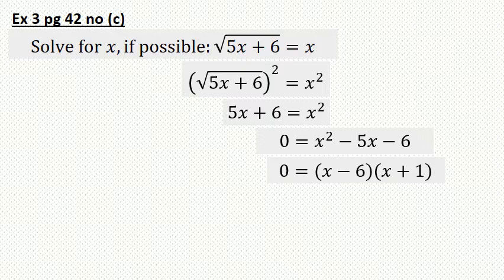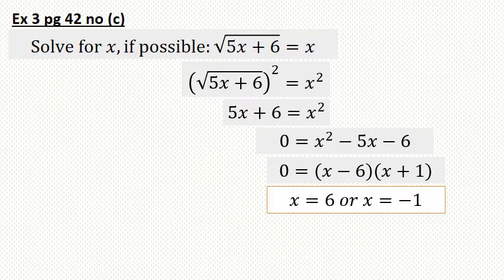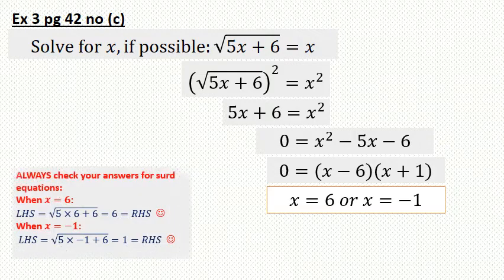Don't tell anyone I said this, but if you use your calculator to factorize, that's fine. As long as you show me the brackets, and as long as you have your final answer as x equals 6 or x equals -1. NB, what must we not forget? To check our answers for surd equations. Look at the left-hand side.